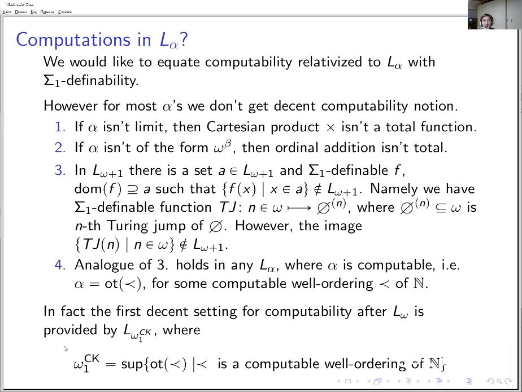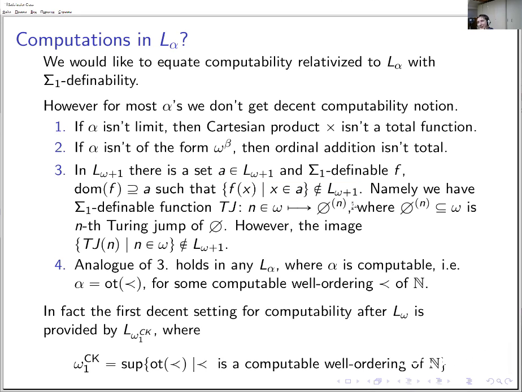We want the sigma 1 definable function to be defined on the whole of the set A. Then it would be very natural to assume that its image should be a set. So basically, if you apply a sigma 1 definable function to a set, its full image should also be a set. It seems to be a very reasonable assumption.